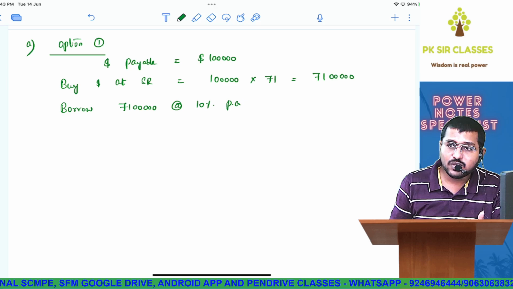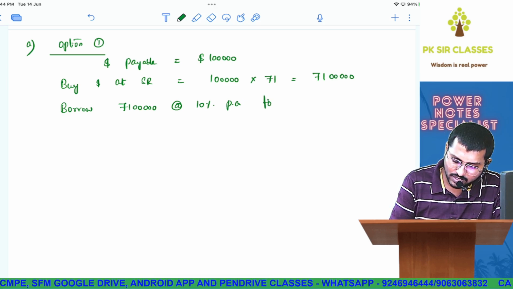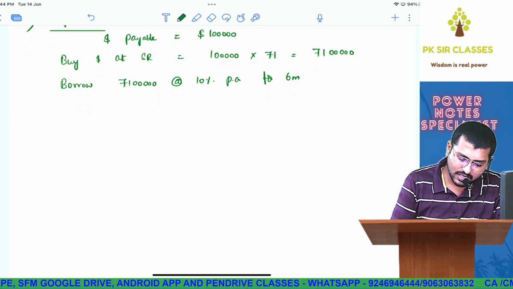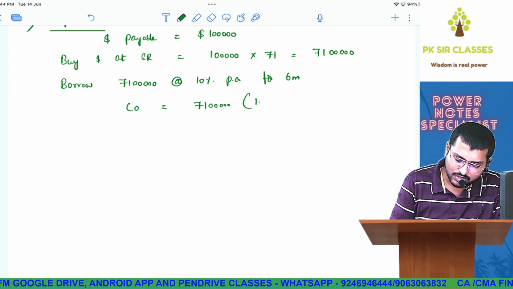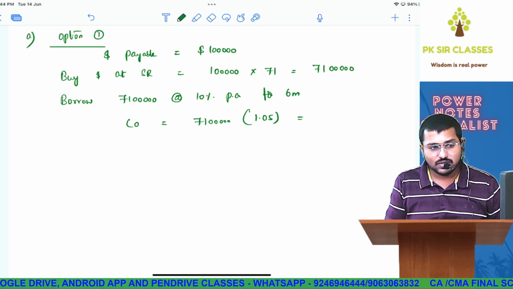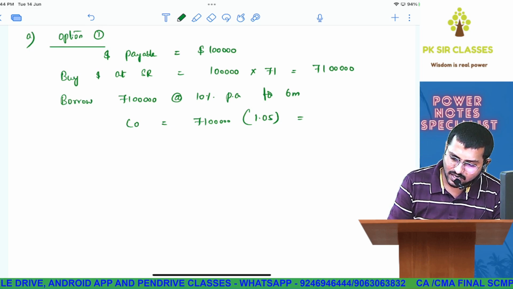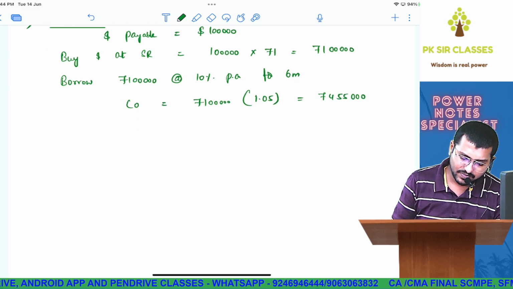For the US party, you have to pay 12%. But in India, if you borrow, you'll be paying 10% per annum for 6 months. In that case, your cash outflow will be 71 lakhs into 1.05. How much does it come to? 74 lakh 55,000.